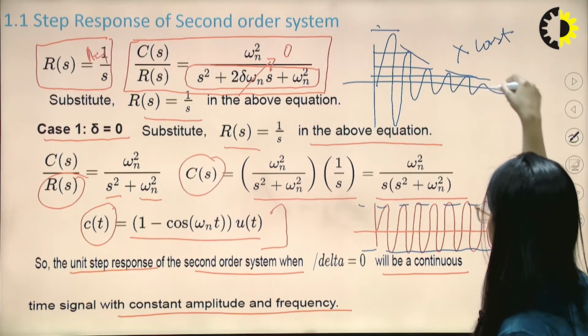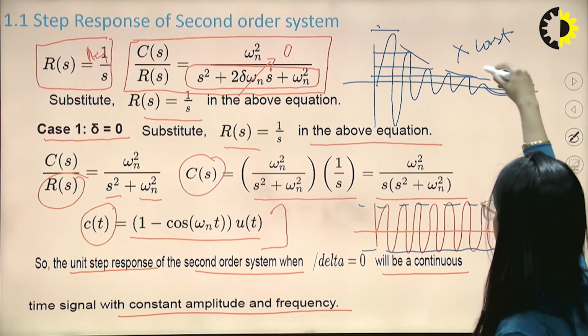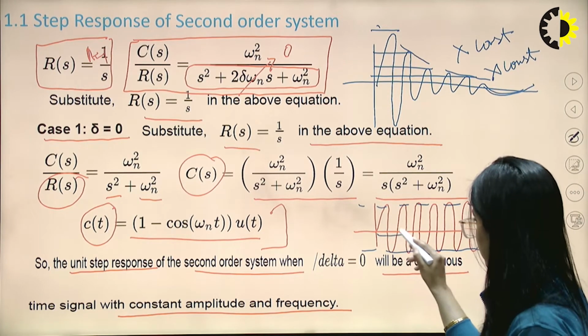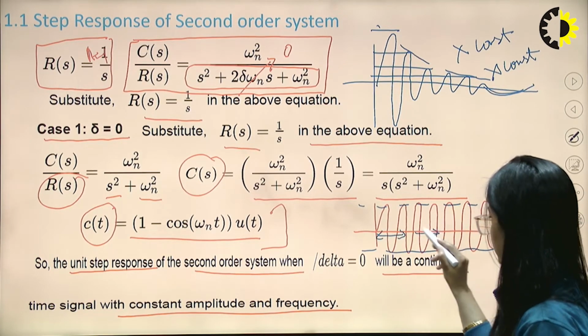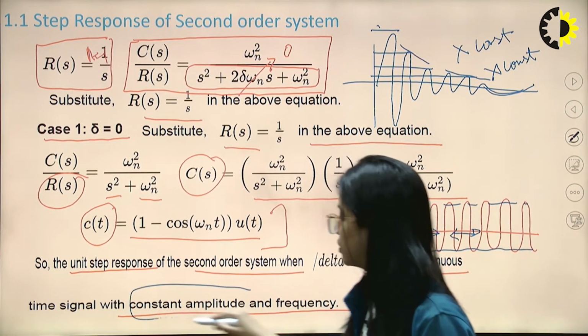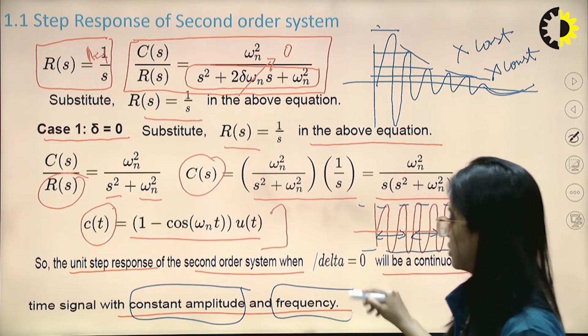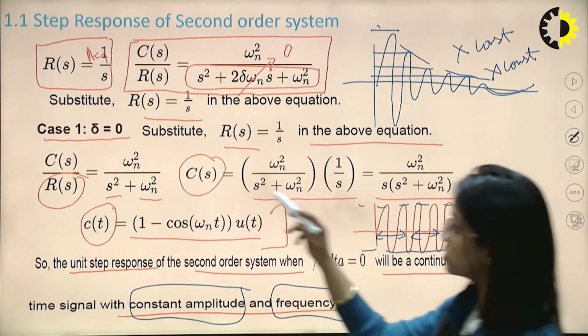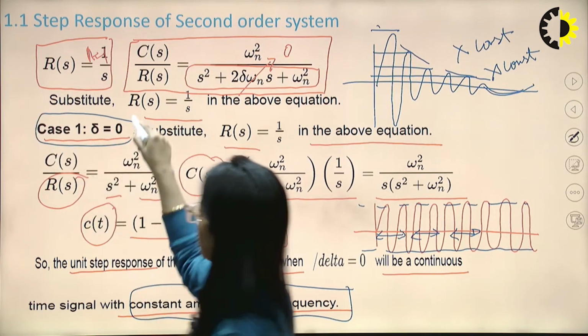The frequency itself is also not constant, but here you see the frequency intervals are constant. So we see constant amplitude and constant frequency. So this was case 1 when zeta equals 0.